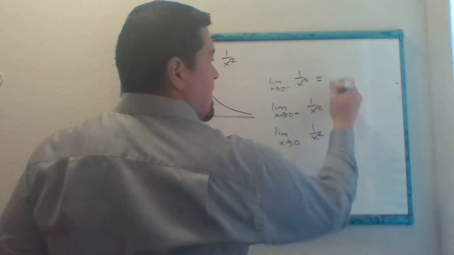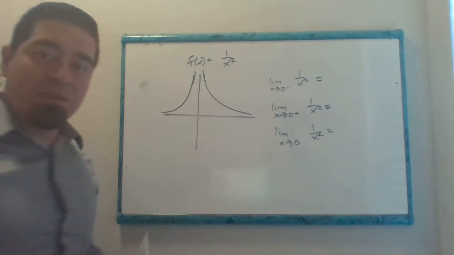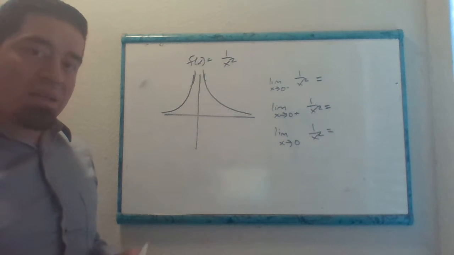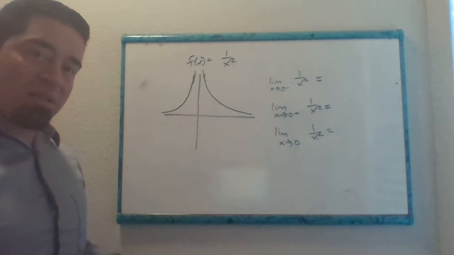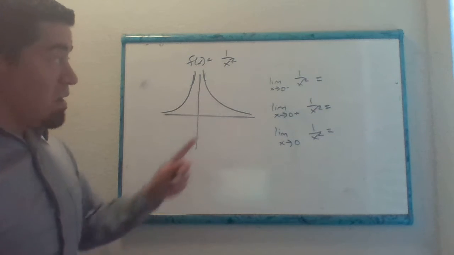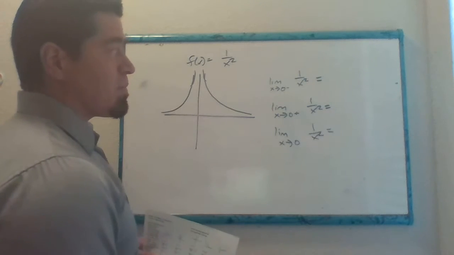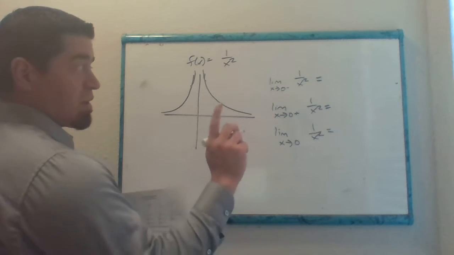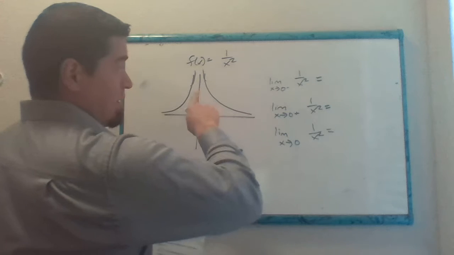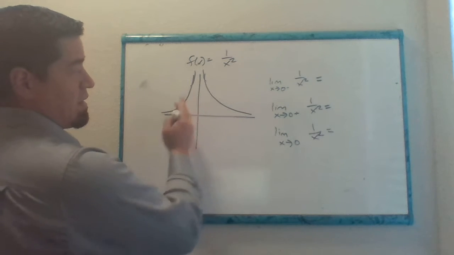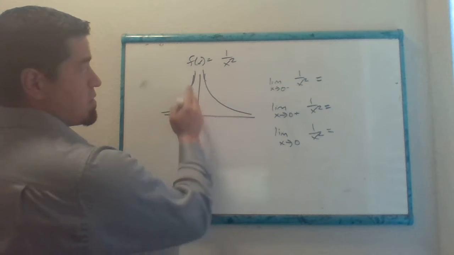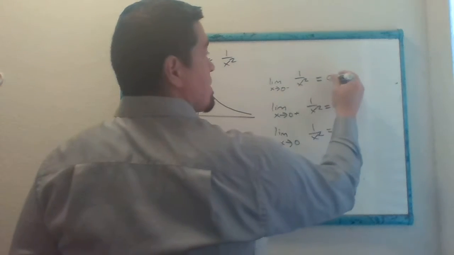Just like in class, it might be good for you to try some of these beforehand. See if you can think about it. Pause the video, look at it, see if you can think about the answers to these. Take 30 seconds or so. But okay, assuming you did that, from the left, what's it approaching? This is going to infinity.